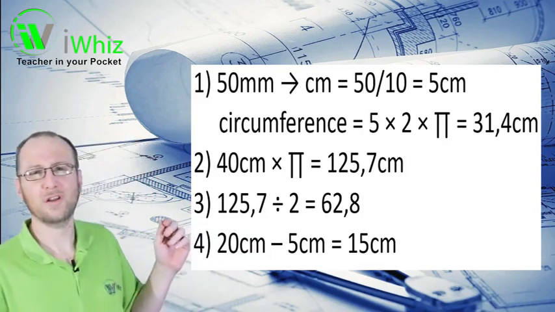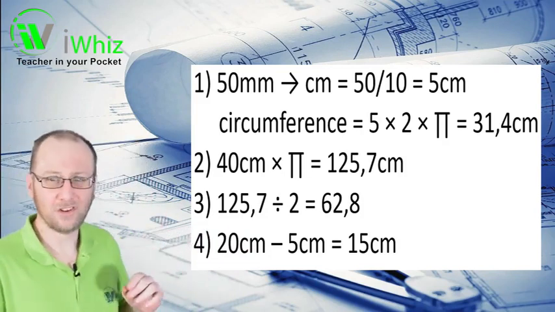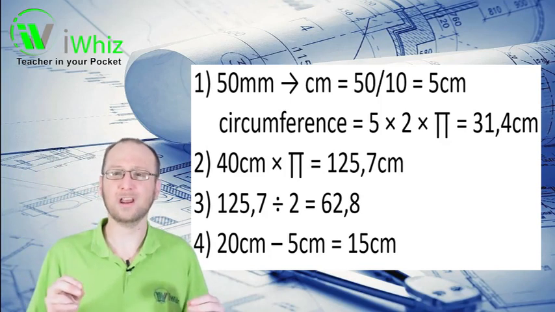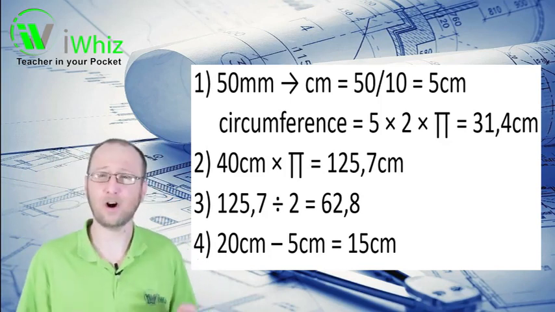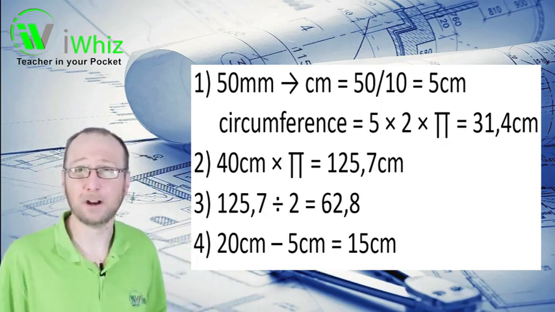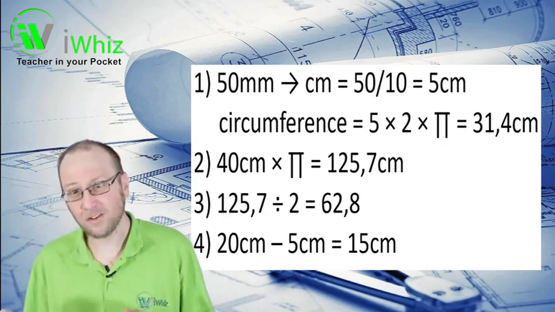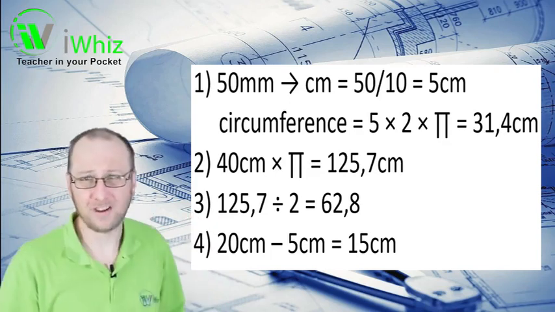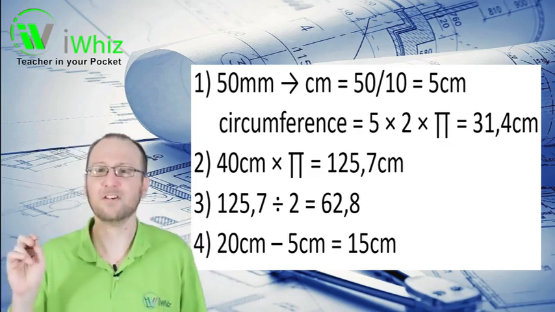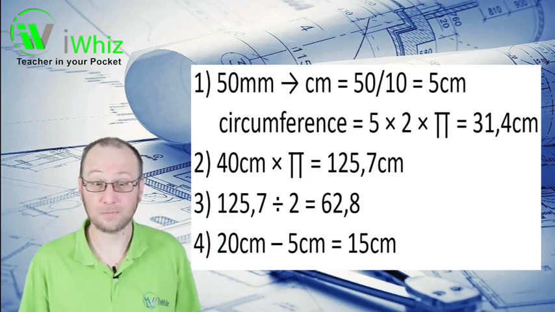We know the radius of the outer circle is half the diameter. Half the diameter is 40 divided by 2, 20 centimeters. So 20 centimeters minus 5 centimeters will give me 15 centimeters.